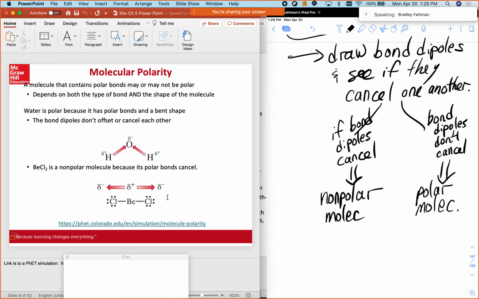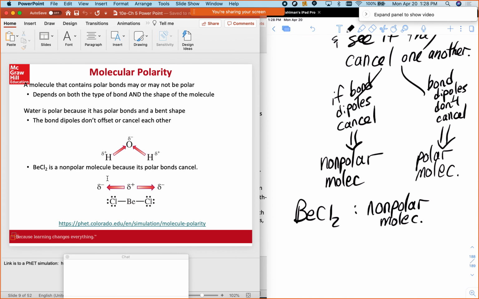So if you have a linear molecule with the same atoms on either side, it is a nonpolar molecule. We would say BeCl2 is nonpolar. Versus water: the arrows go toward the more electronegative atom, and they're the same length because they're both O-H bonds.